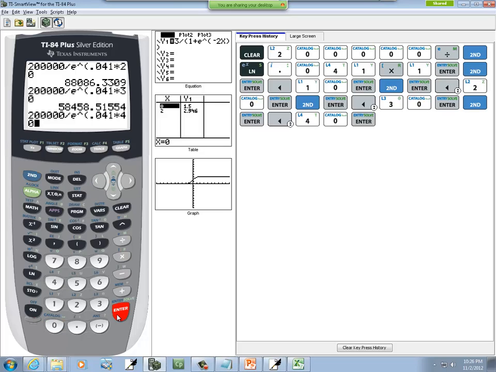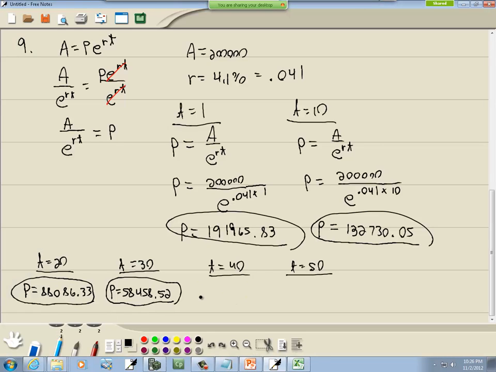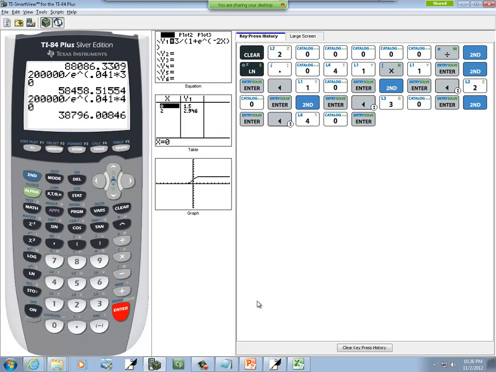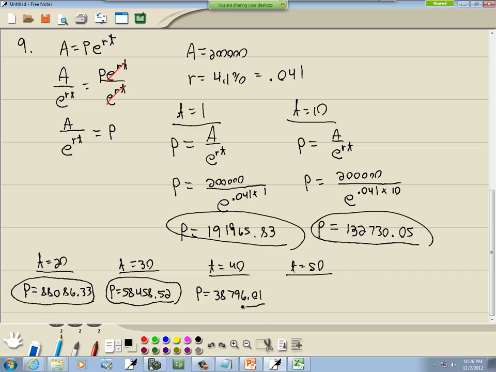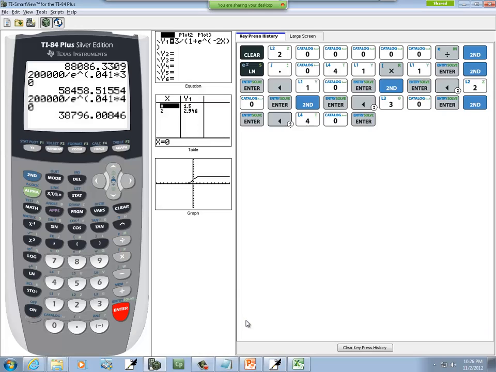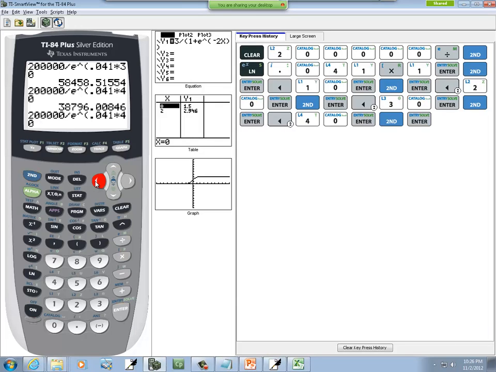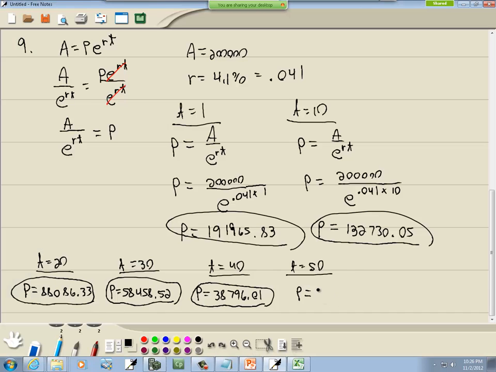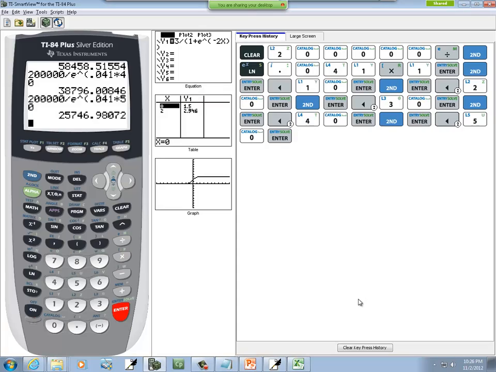And after I put 40 in, press enter. And P would have to be 38,796.01. I don't got my glasses on, so hopefully I'm writing these down correctly. And then I'll do a second enter, and I'll put 50 in. And we got P is equal to 25,746.98.